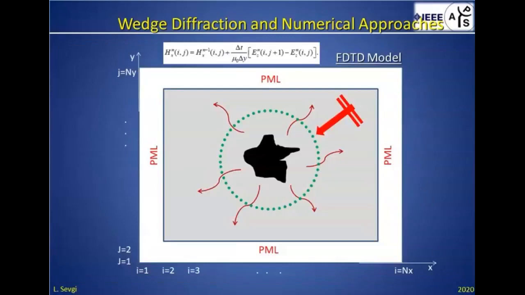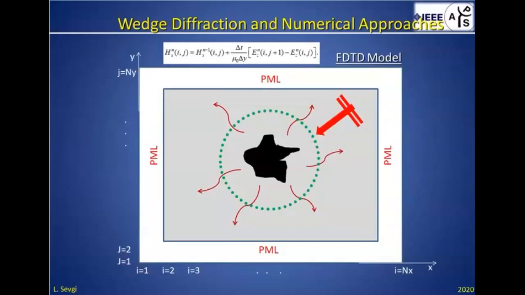Okay. So how can we apply a time domain method, finite difference time domain, FDTD method, and get the scattered field as well as the diffracted field? This is in 2D, of course. This is a scenario. So we have XY space, and we have objects in the middle at the center of this computation plane, two-dimensional plane.